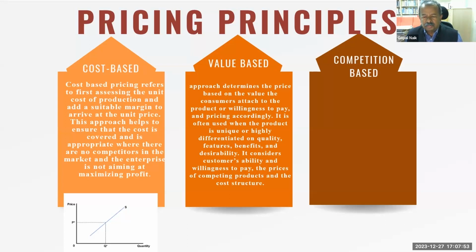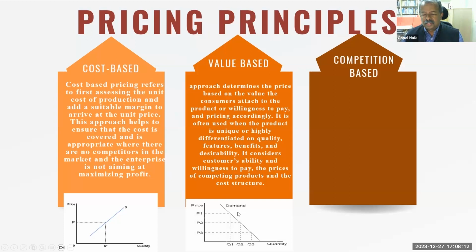So value-based pricing you will see in many cases, many products, where the sellers basically look at the extent of demand that is there, and based on that, the pricing is done. So one essentially tries to assess the demand somehow and uses a single price or even multiple prices.